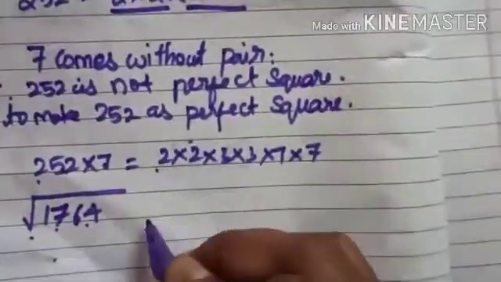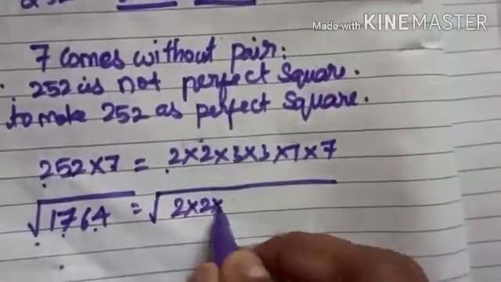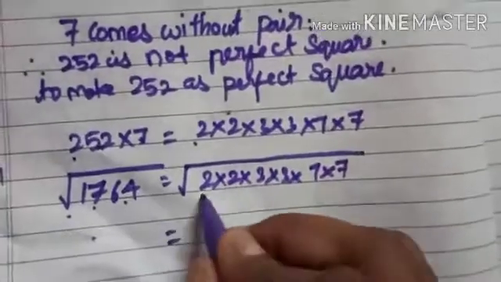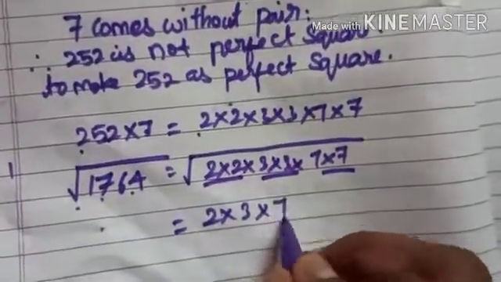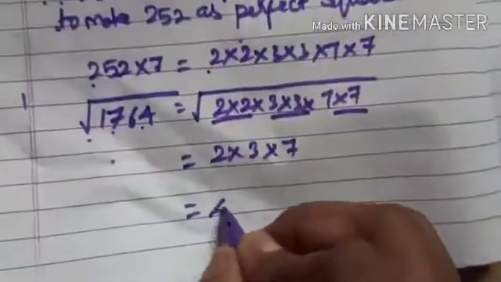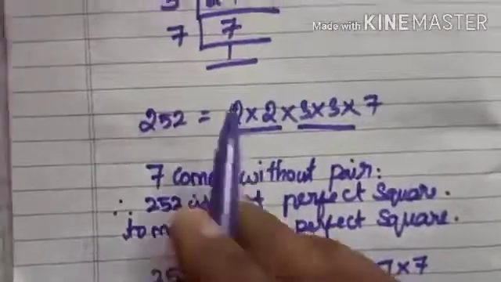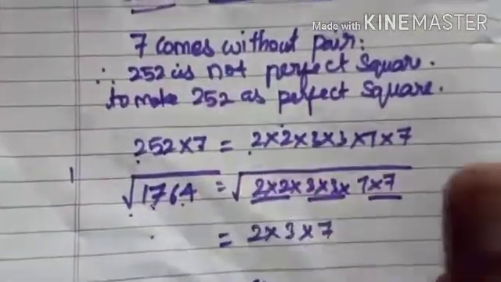So the square root of 2 into 2 into 3 into 3 into 7 into 7 is 2 into 3 into 7, which is equal to 42. The given number is 252, the new number is 1764, and the square root is 42.